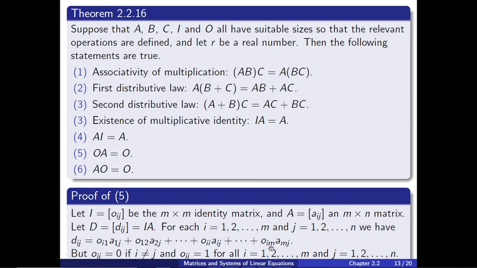And up until o_im times a_mj, right? So for o_ij, we know that o_ij is equal to 0 if i is not equal to j, and o_ii is equal to 1, right? And this is for o_i and for all j, right? So the diagonal entries are the only ones, in other words, o_ij is equal to 0 when i is not equal to j, and then all the diagonal entries are 1s.